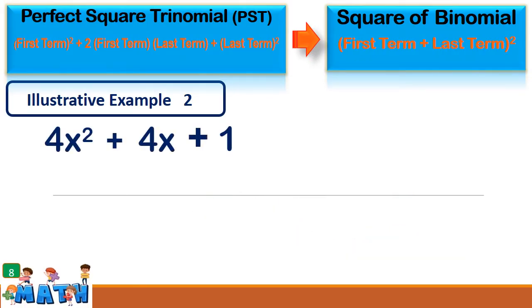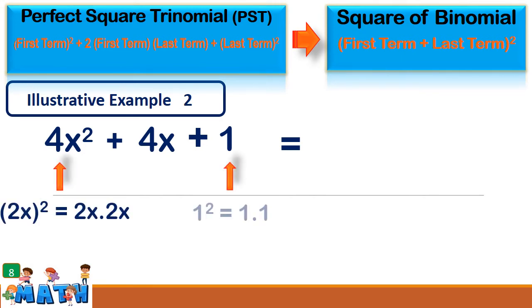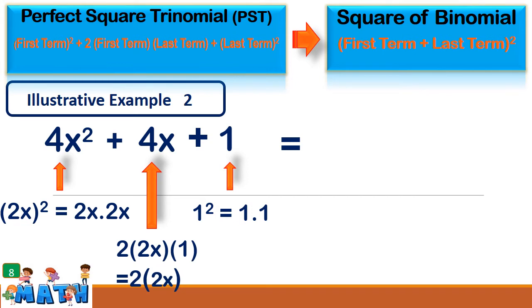Example number 2. So we're going to get the factors of 4x squared plus 4x plus 1. Again, check whether the first and last terms are perfect squares and write them as a square. So 4x squared can be written as 2x quantity squared or 2x times 2x. And 1 can be written as 1 times 1. And checking for the middle term, so we have 2x times 1 is 2x times 2 is 4x.